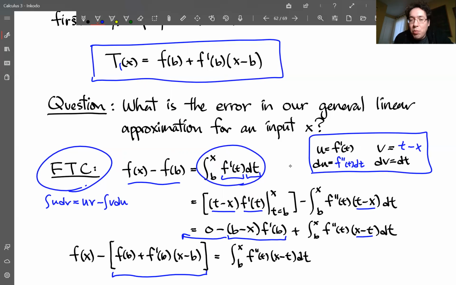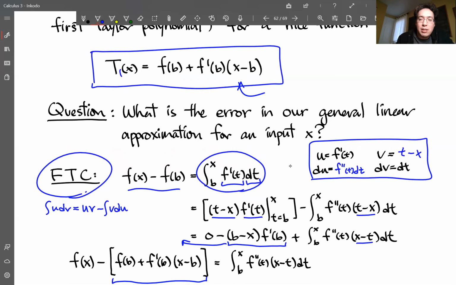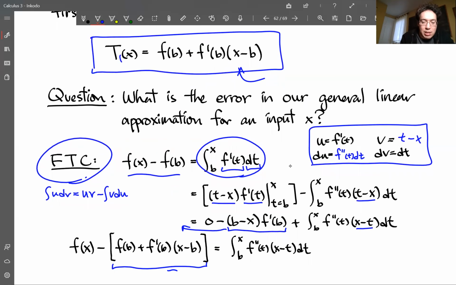The reason I'm grouping it this way is because that's what I have here. This is the tangent line approximation, or the first order Taylor polynomial. And what I have here on the left is the true error of this approximation.